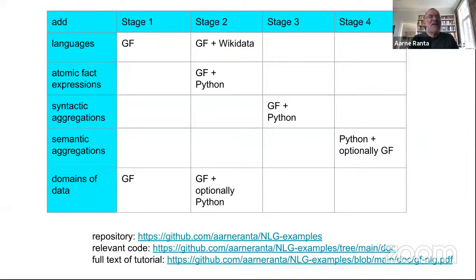Domains of data: once you get the Wikidata, you actually just have to change the GF at the minimum. But if you want these atomic fact expressions, then you would need some Python code that uses the new atomic fact expressions in the NLG.